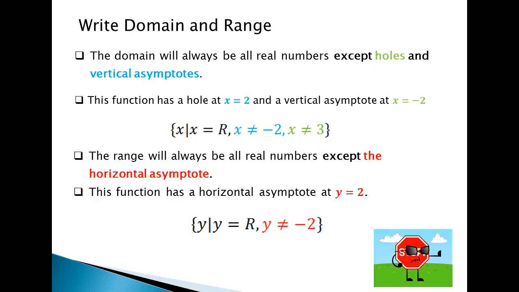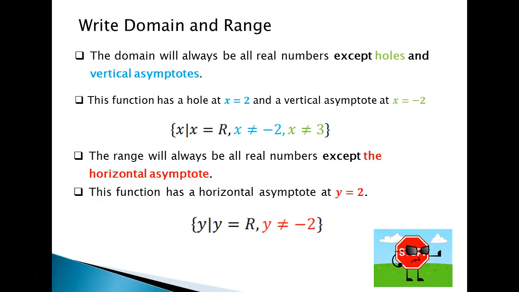In our case, our function had a hole at x equal -3 and a vertical asymptote at x equal -2, and so we write our domain as x is equal to all real numbers except with the restrictions of -2 and -3. The range is always associated with the horizontal asymptote.